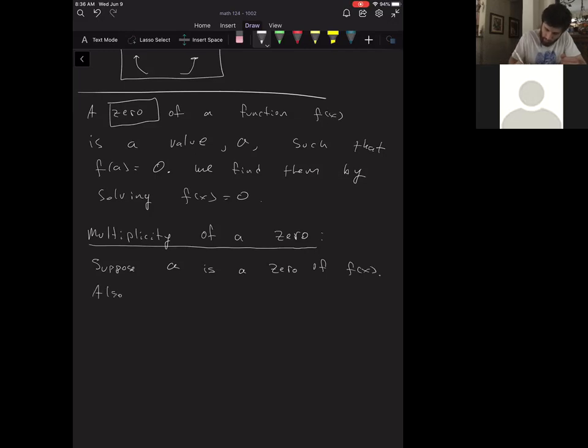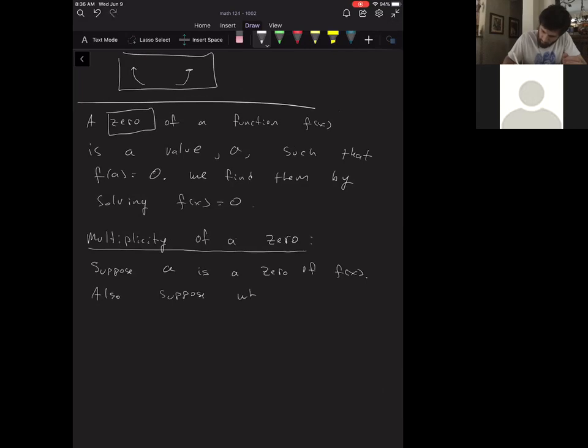Also suppose when solving f of x is equal to 0, we get x equals a, n times. Then the multiplicity of a is n. So the multiplicity of a is n.